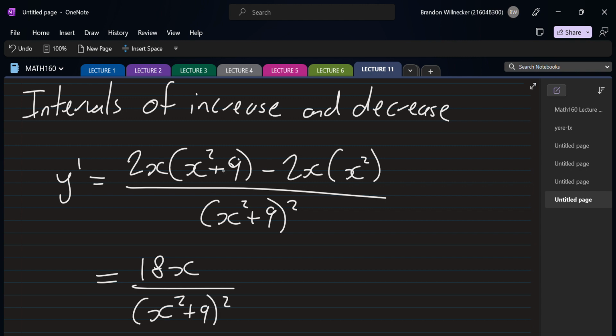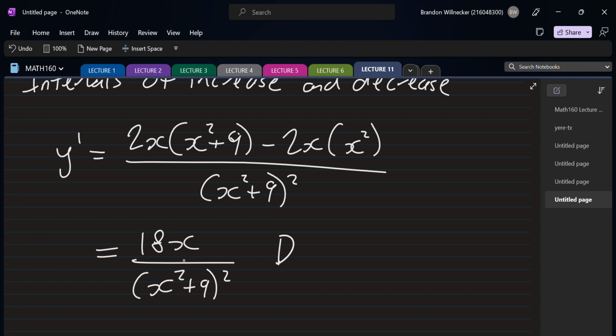Now notice that this bottom part is always positive. X squared plus 9, all of it squared, is always positive. So if we're looking at where this is positive or negative, it's going to be determined by the top part. It's going to be decreasing when x is less than 0, because then y prime is less than 0, the gradient is negative, which means it's decreasing.